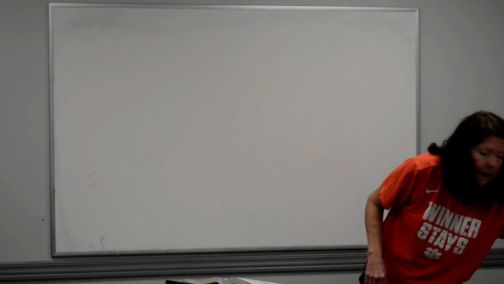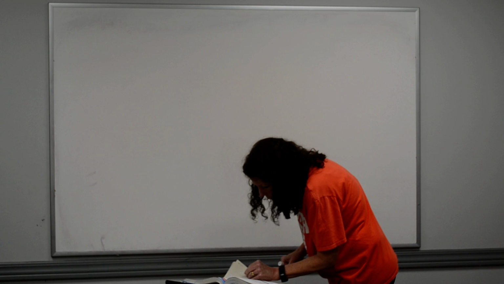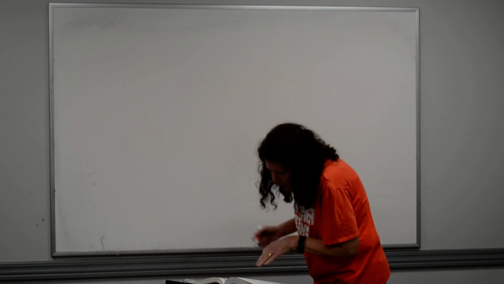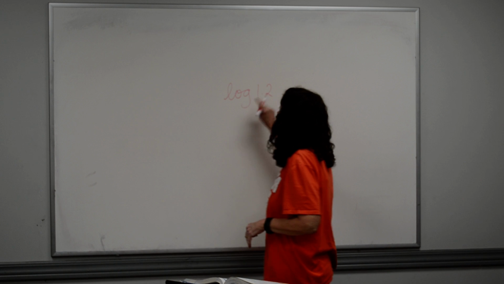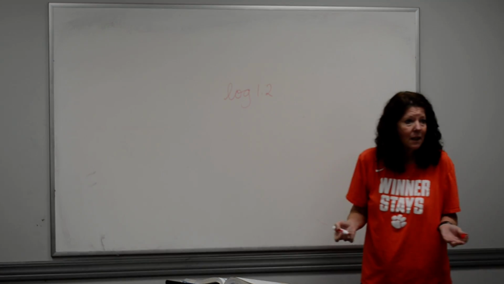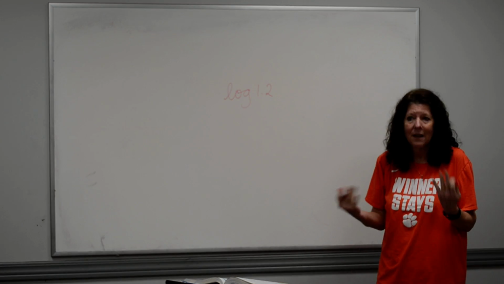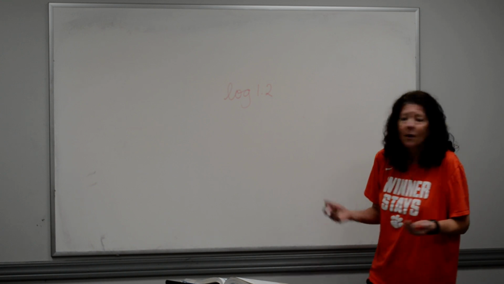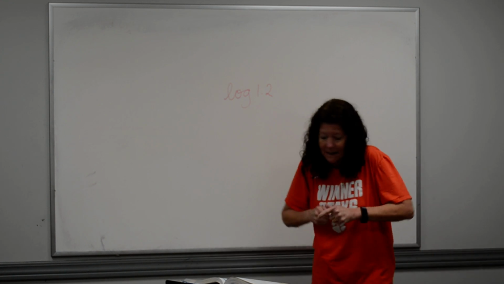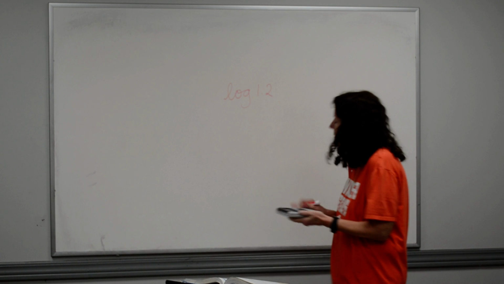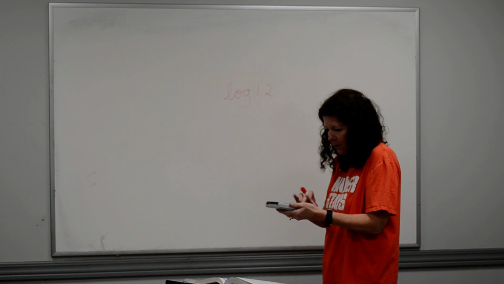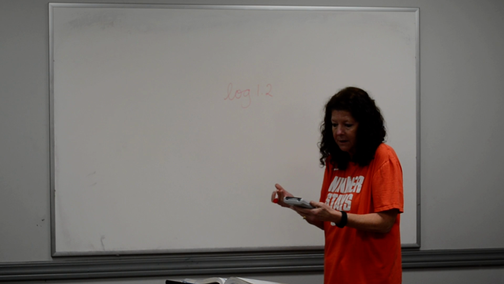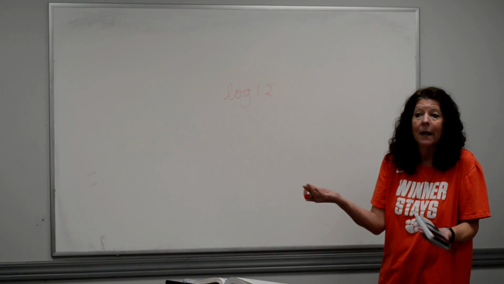When you see a log done out, basically they'll go, okay, what's the log of 1.2? If you see no base on it, you can assume that it's a base of 10. So to do this one, and they typically give you these, but you can just literally go log of 1.2, hit equals, and it's 0.07918.